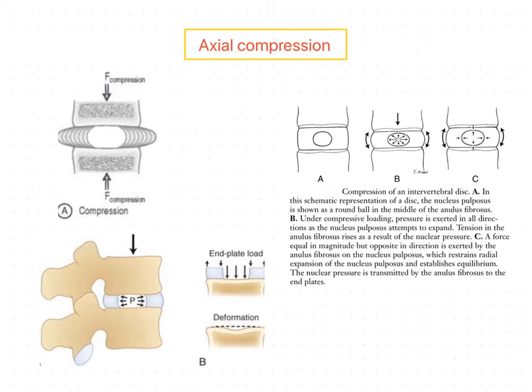So here you can find the disc. The force is acting like this, and this is the disc. So here you can find the right angles to the disc. The axial compression may occur due to the force of gravity, gravitational force, and the force produced by the ligaments.